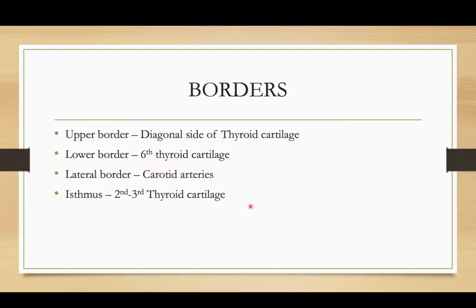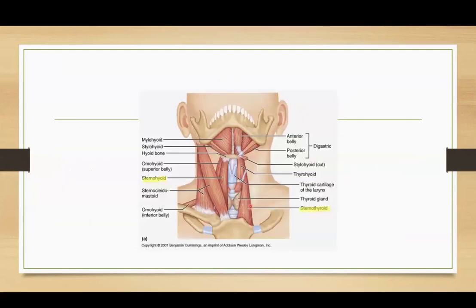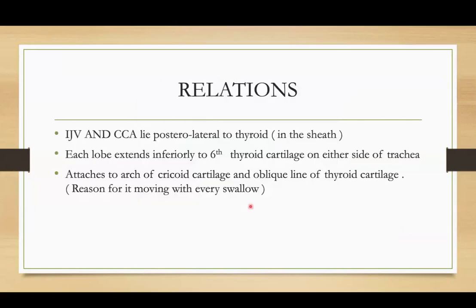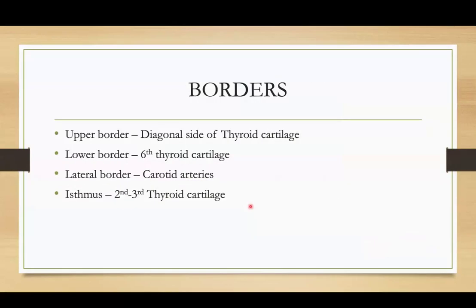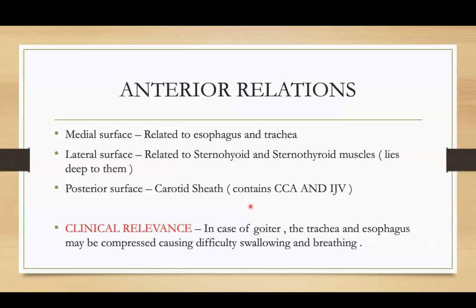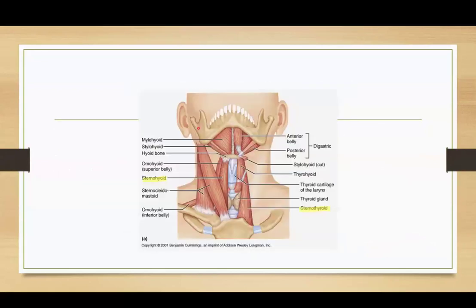I don't think I put a picture, but just remember that the esophagus is anterior to the thyroid. And then laterally we have the muscles, and posteriorly we have the carotid sheath, which contains the common carotid and then the internal jugular vein. And it's also clinically relevant because if you have goiter, it could cause compression of the trachea and esophagus.